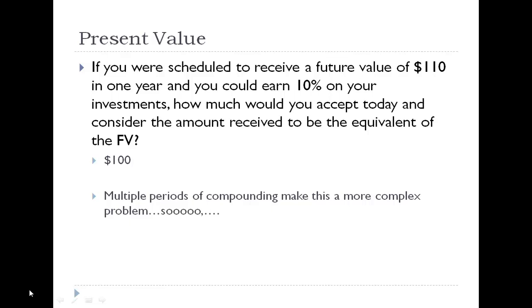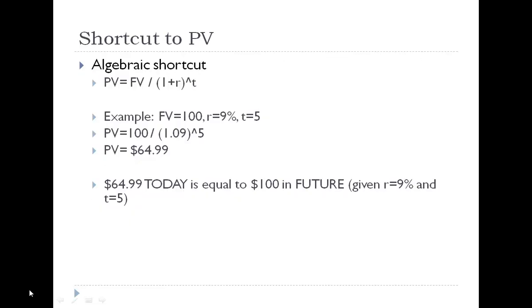If you were to discount that $110 backwards at 10% interest and figure out how much it's worth today, the equivalent amount today would be $100. Or in other words, if you had the $100 today, you feel that that's the equivalent of waiting a year and getting 110.